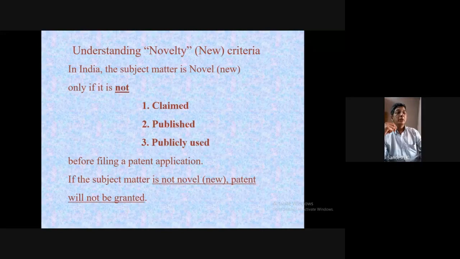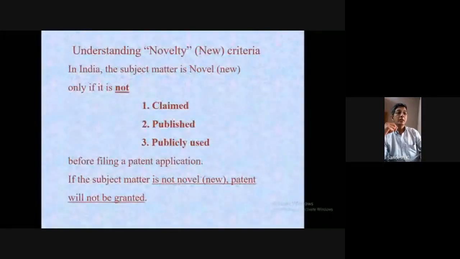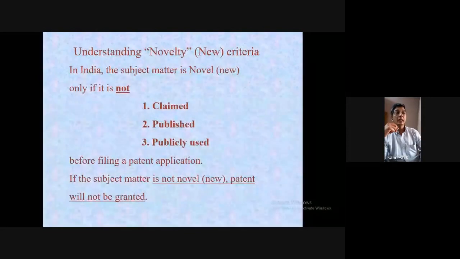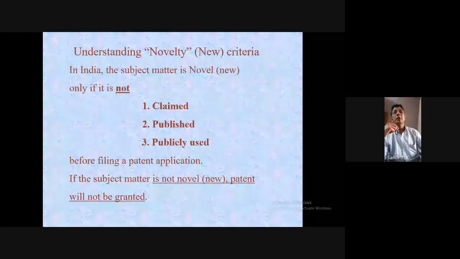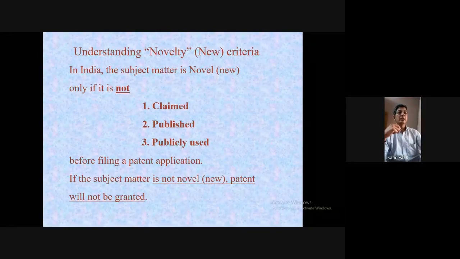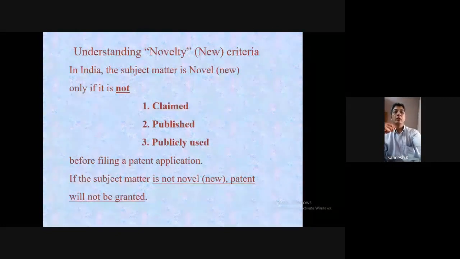It is not being used publicly before the date of filing a patent application. These are the important criteria for how you say it is novel. So these are the three criteria. If the product does not fall under this category, the examiner will say it is not novel. Next slide.